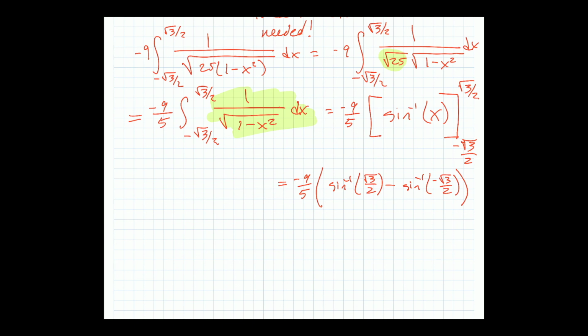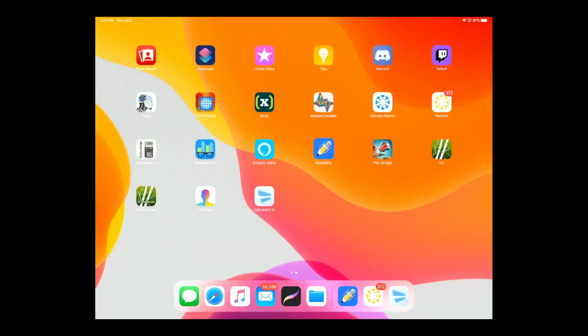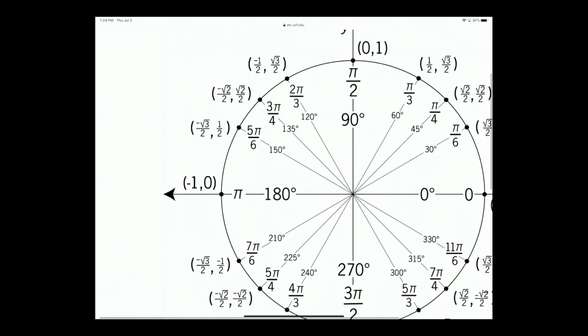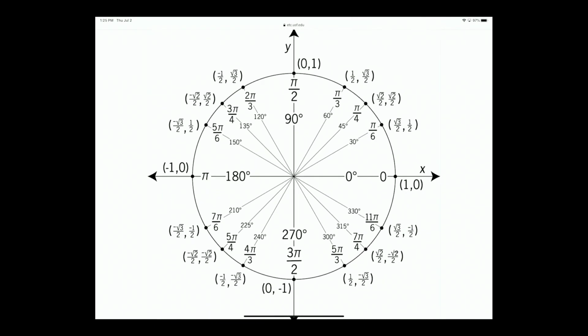At this point, you need to be able to figure that out. What's the sine inverse of square root 3 over 2? You can use Wolfram Alpha, that'll be fine. If you don't want to, you can definitely do it by hand if you have a unit circle. There's a unit circle. Sine inverse is only defined from negative pi over 2 to positive pi over 2, so that's on the right.